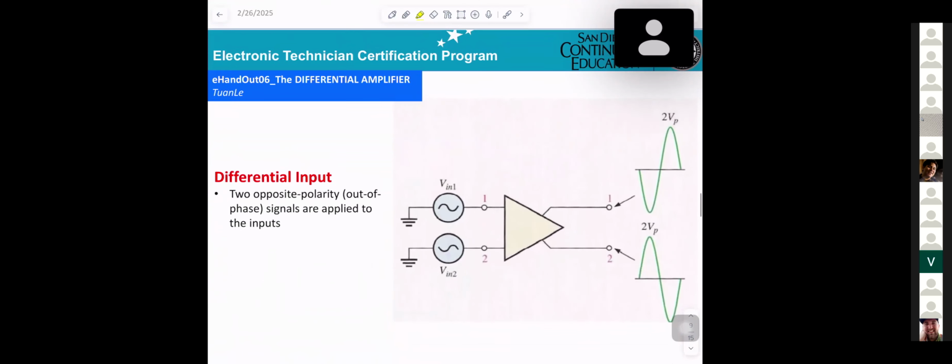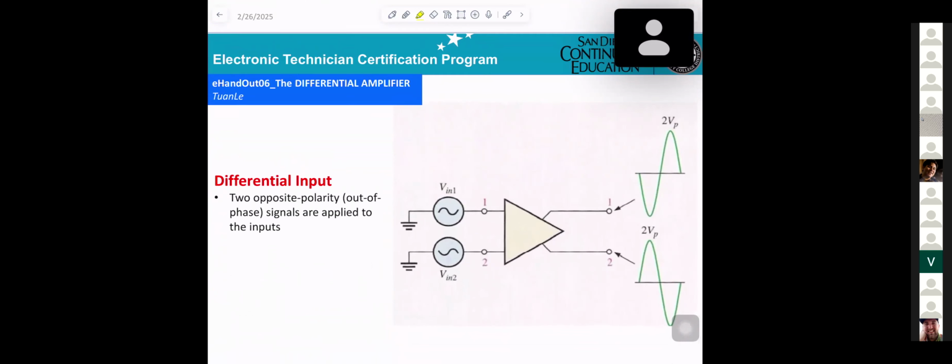Now, differential input. Now they apply input 1 and also input 2. The only thing you have to pay attention to is that input 1 and input 2 must be opposite. They must be two opposite polarity or out of phase signals applied to the input.